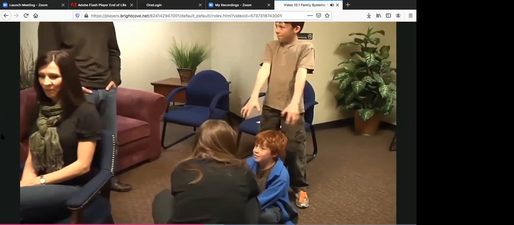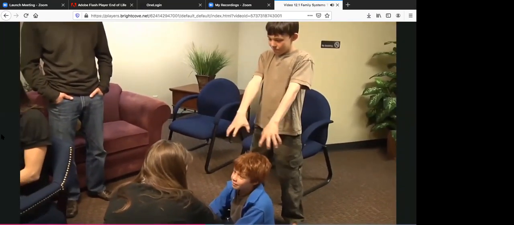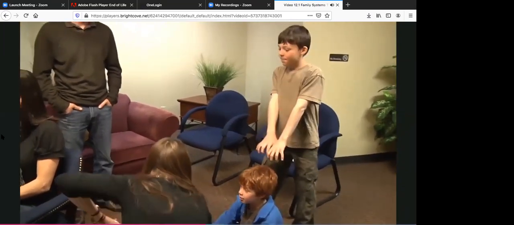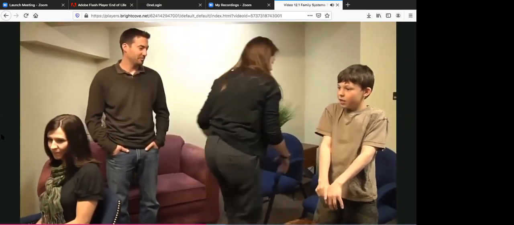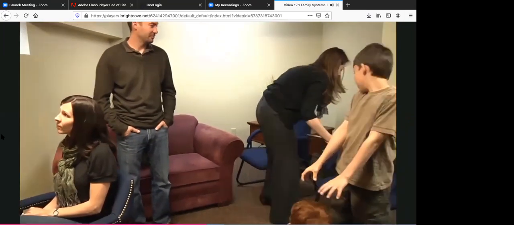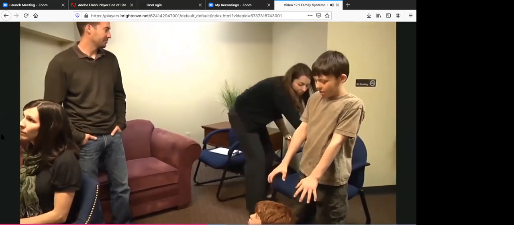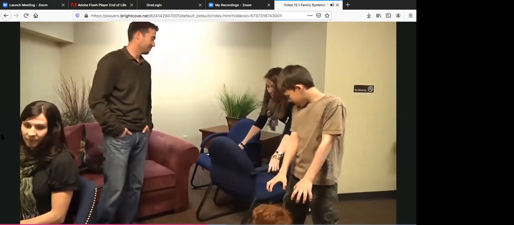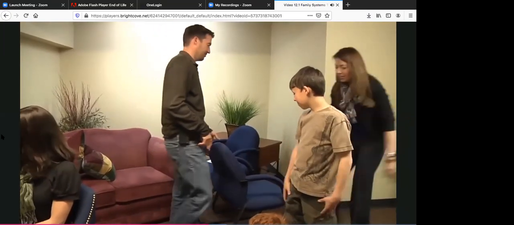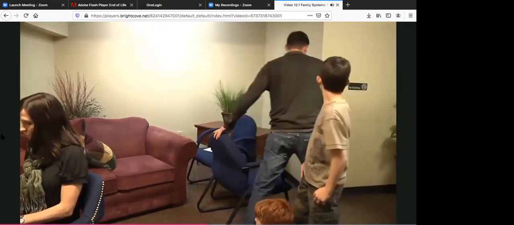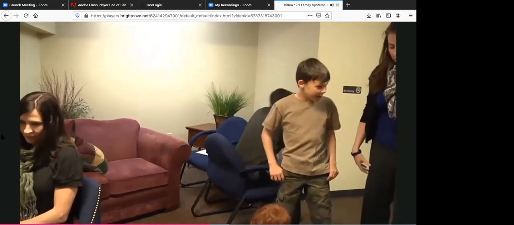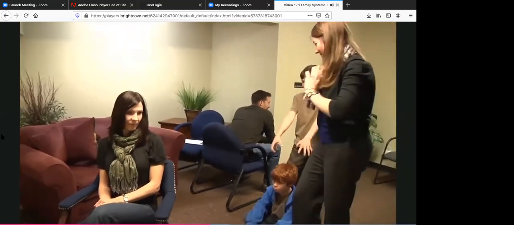Dad's working on the computer. Okay, all right. So, Dad, over here, working on the computer. He also takes a shower sometimes. I would hope so. Every day.